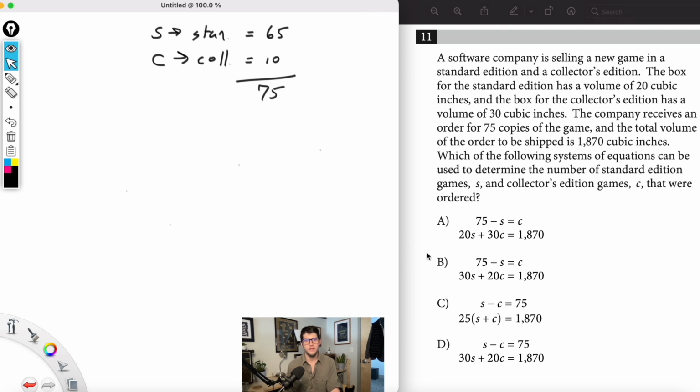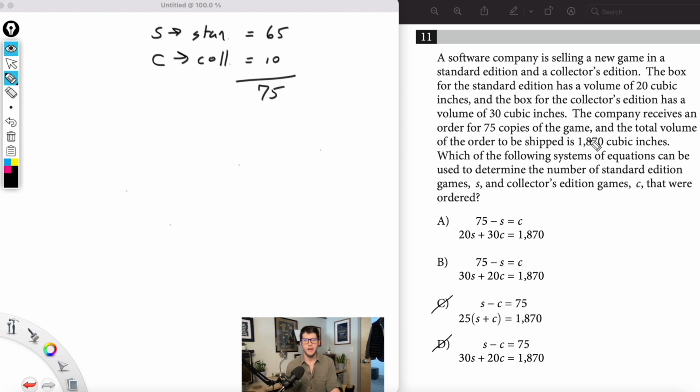So just based on that, I can cross off these two, because 65 minus 10 is not 75. So that gets rid of two answer choices really quickly, which is fantastic. Now I'm down to these two answers because 75 minus 65 is equal to 10 in both cases.